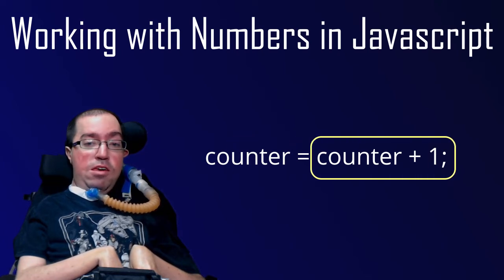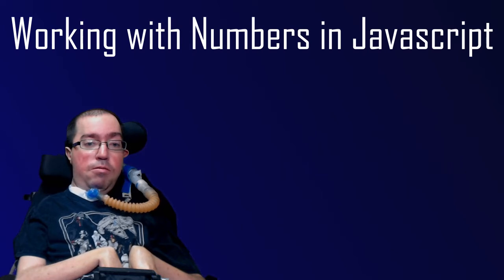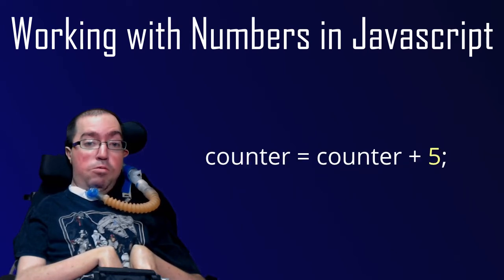Next, we're saying that we want the new value to be the current value of the counter variable plus 1, as shown here. You don't need to add only 1 with this method, however. If you said counter equals counter plus 5, the counter variable would go up by 5 instead.